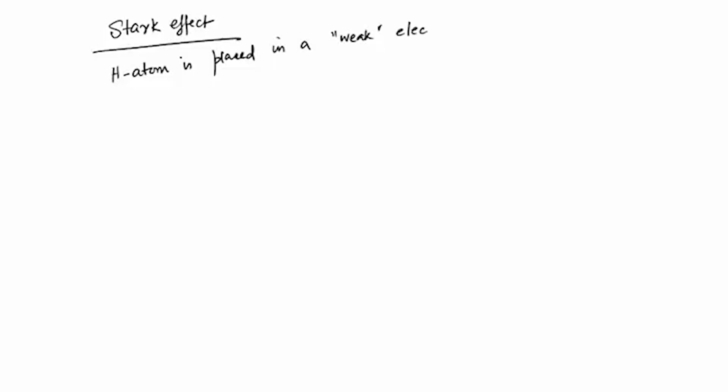So, the electron is never knocked out, and it remains very close to the ground state. So, that is the weak electric field, and we want to find what are the changes in the energy level.